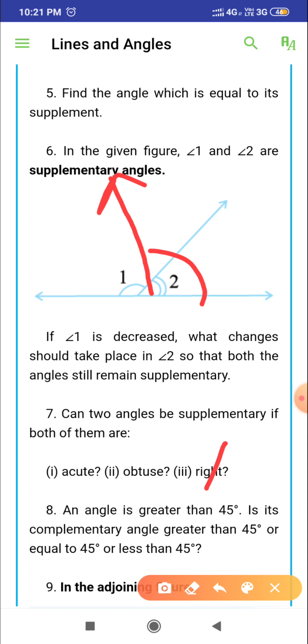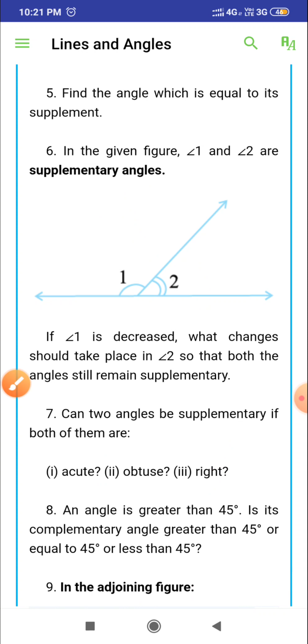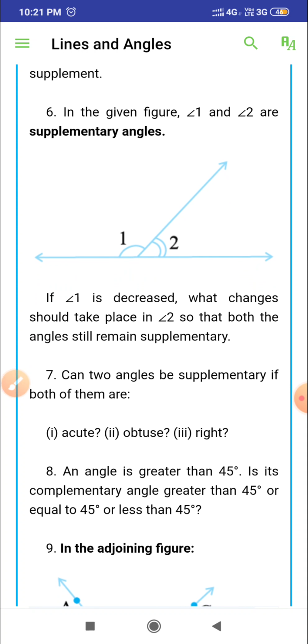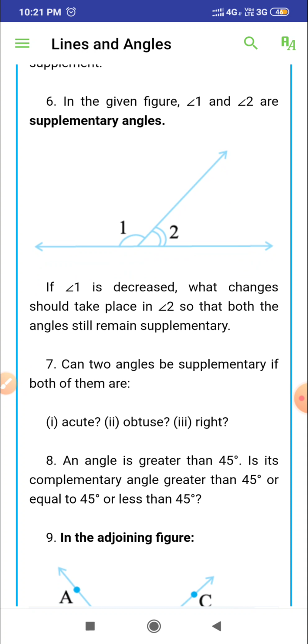Now the next question is: can two angles be supplementary if both of them are acute angles, both of them are obtuse angles, both of them are right angles? So if two angles are acute, their sum cannot be equal to 180 degrees.